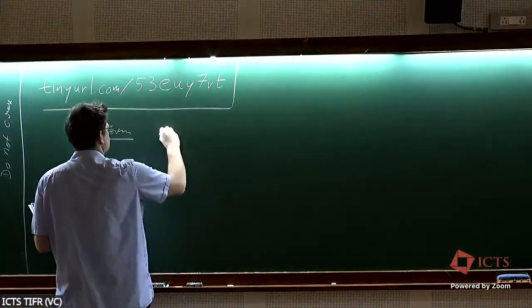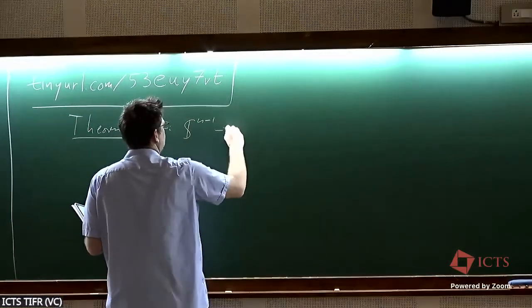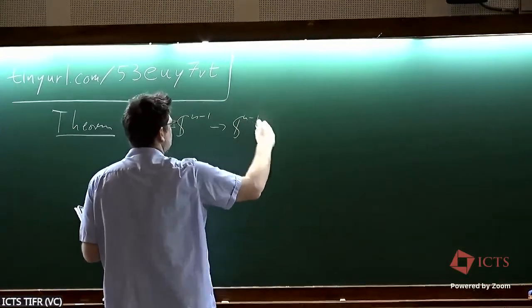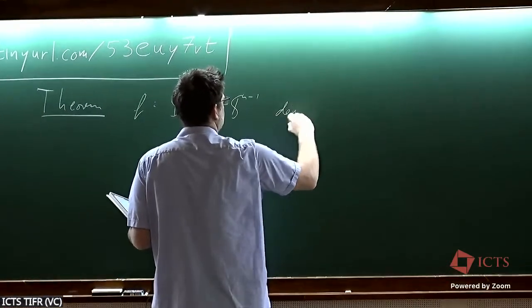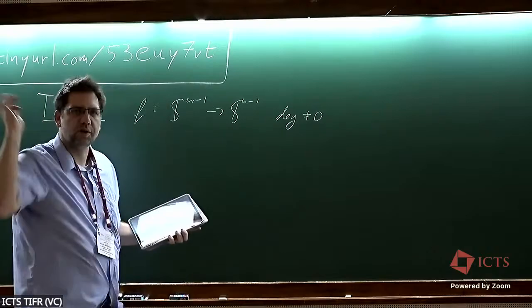which says, assume that f goes from the n-1 sphere to the n-1 sphere, degree not zero, smooth, whatever.